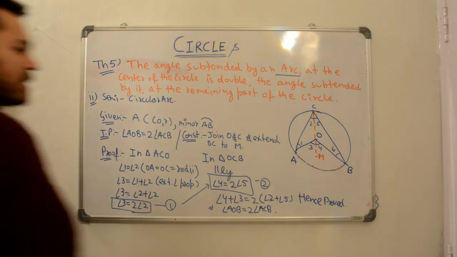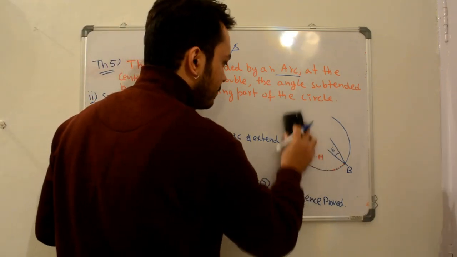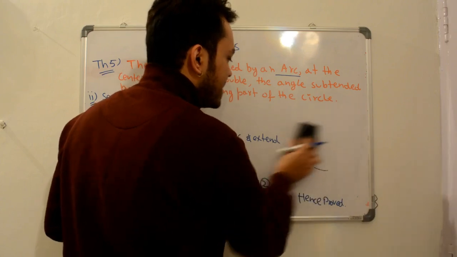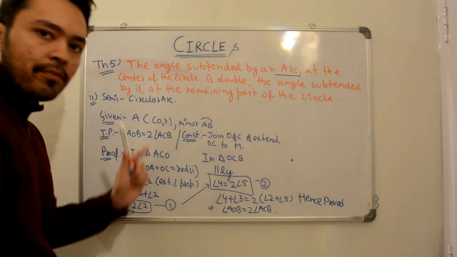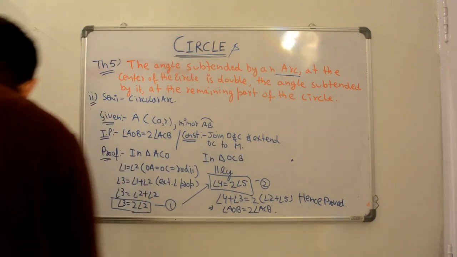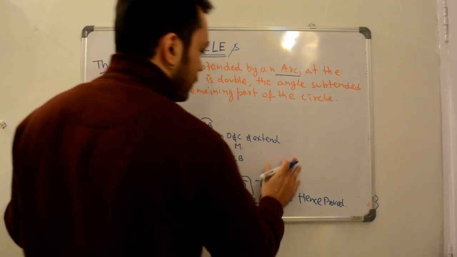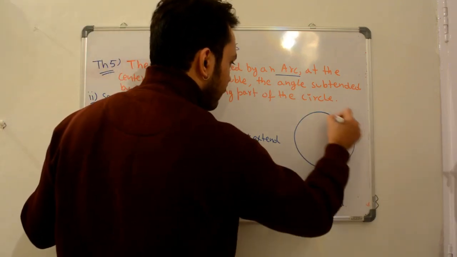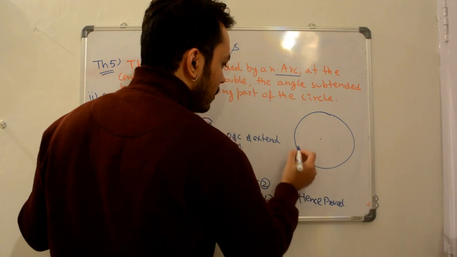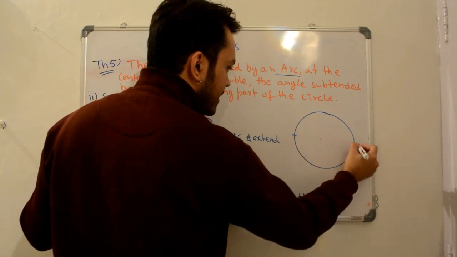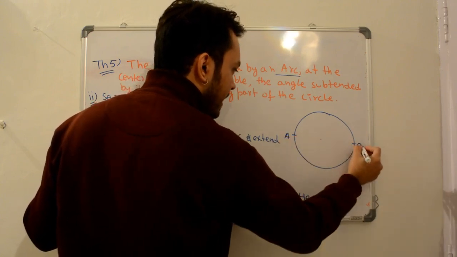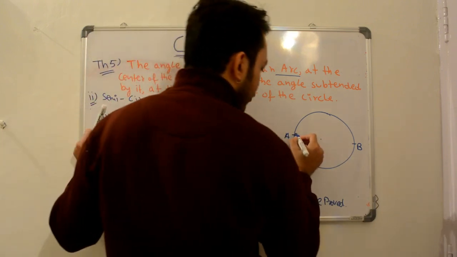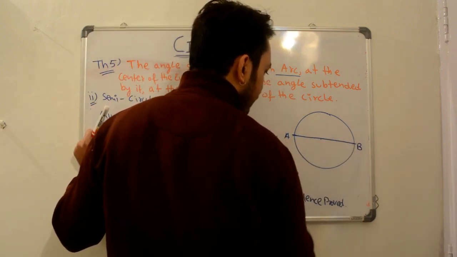Now how we'll change the diagram, please note. For the sake of convenience, I'll be taking all points as the same. Again, we draw a circle with center O. Now we take the arc as semicircular. Let this be point A, this be B. So I join A and B.